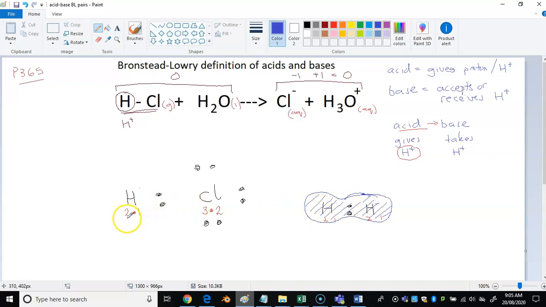However, when we have the 2.1 versus 3.2 here, that's not a linear difference, that's an exponential difference. And so the chlorine has a much greater pull on those two electrons than the hydrogen does. So instead of looking like this, what it looks like is that the chlorine is hogging the electrons like this. And the electrons in that pair are spending almost none of their time around the hydrogen.